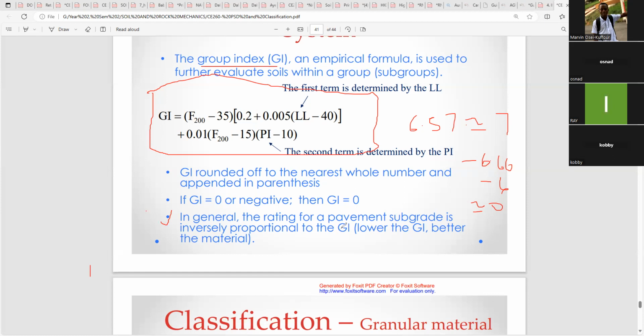Yes, sorry, I wanted to ask something. They said the GI is rounded off to the nearest whole number and appended in parentheses. Is that important? A very important one. I nearly skipped that, but I would have introduced it in our calculation. You just put it in a bracket.